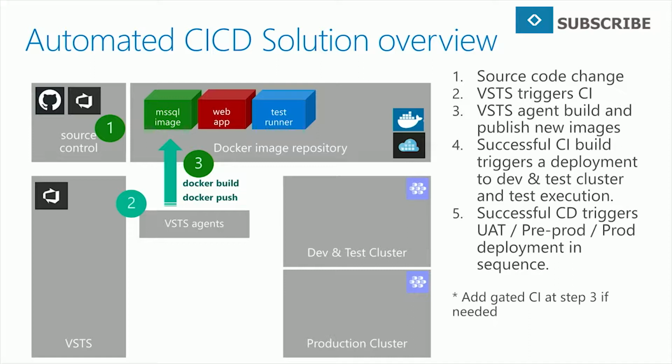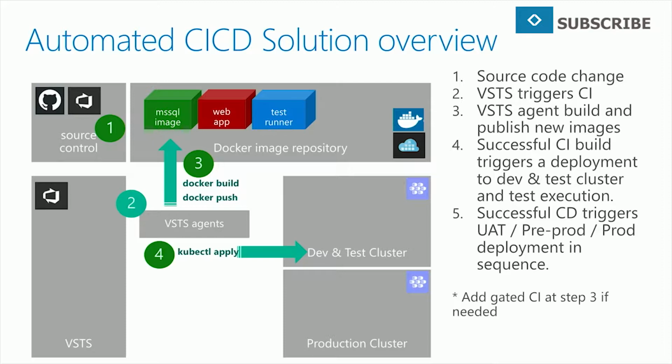Once the build is successfully complete, including pushing the image into the Docker image repository, VSTS can detect it and start an automated deploy process. And when we do that, we can define it in multiple workflow steps.